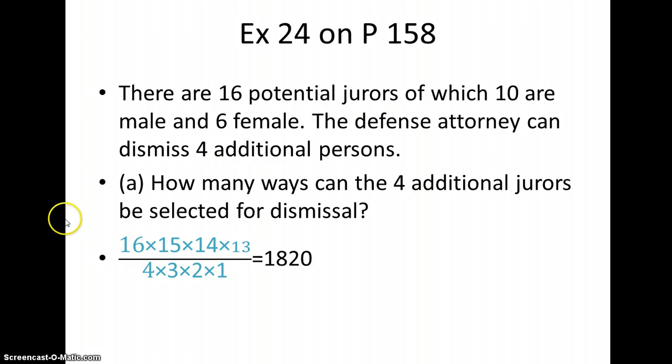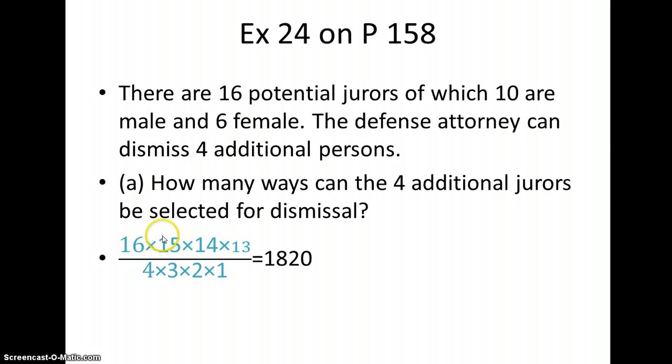So by the formula, the top starts from 16. Because if you want to choose 4 people, let's say step 1, I'm going to choose the first person I'm going to dismiss. Out of 16 people, we have 16 choices to dismiss. So you look at 16 people, which one you want to dismiss. So you have 16 possible ways.